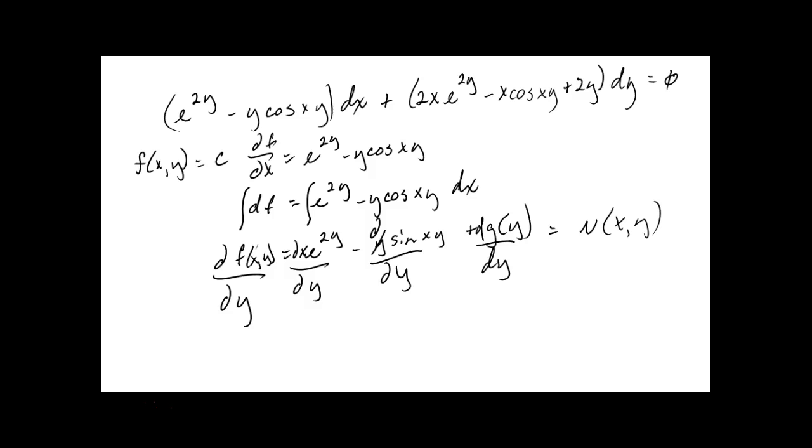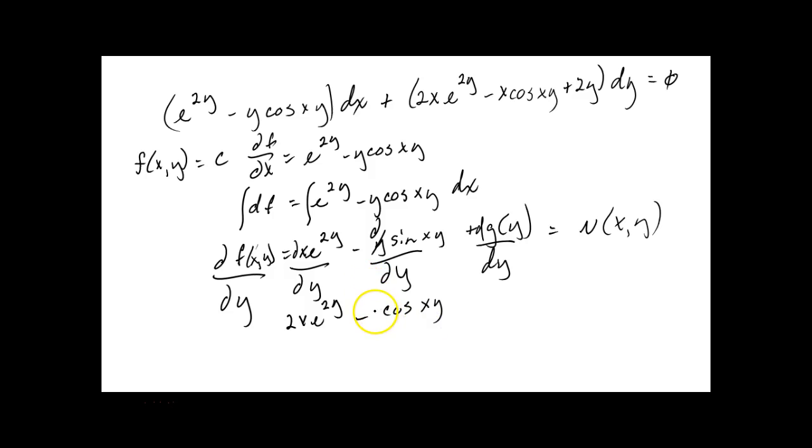The x is treated as a constant here, right? I'm sorry, it's the partial of x e to the 2y, so it's 2x e to the 2y. That is the partial of that with respect to y, right? Minus cosine xy with respect to y.